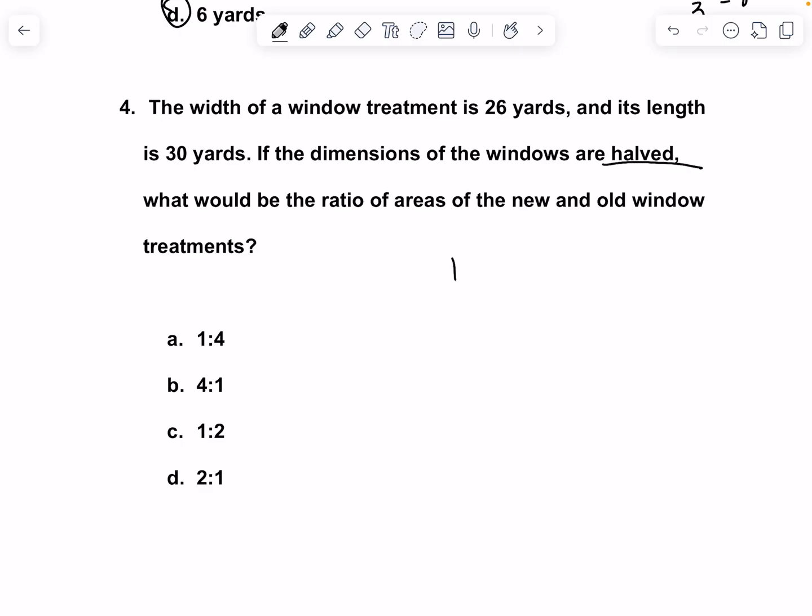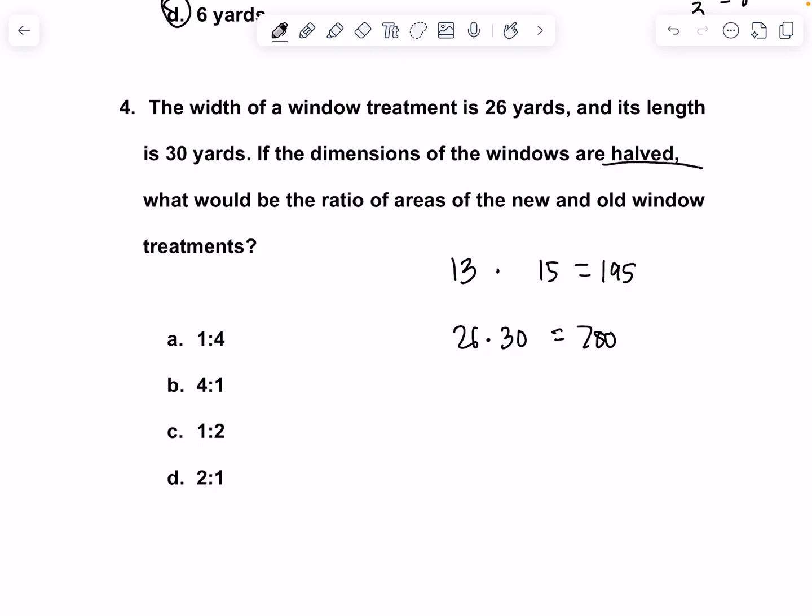So 26 would be 13 and 30 would be 15. 13 times 15 would be equal to 195, and 26 times 30 would be equal to 780.